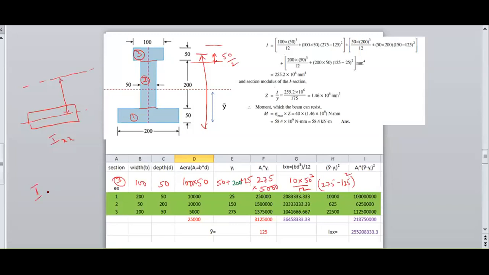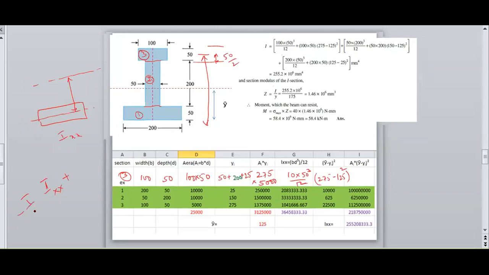So the parallel axis theorem is: for the new centroid, Ig is equal to Ixx plus A into the distance whole square. This is the distance between the two axes, the local axis and the centroid axis, the global axis.